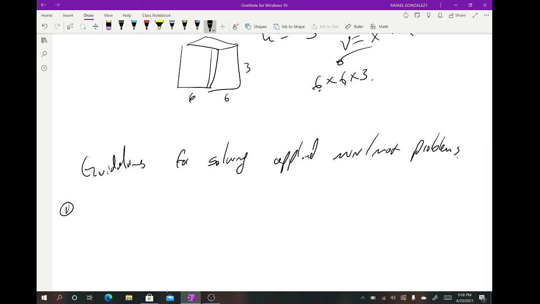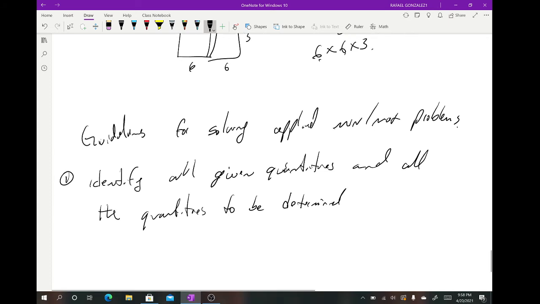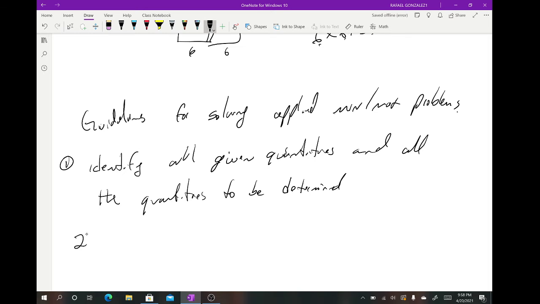Right, so number one, you want to identify all given quantities and all the quantities to be determined. Which is what we did. We identified the sides, we identified the equation that we needed to work with, and we identified that we were looking for the volume.